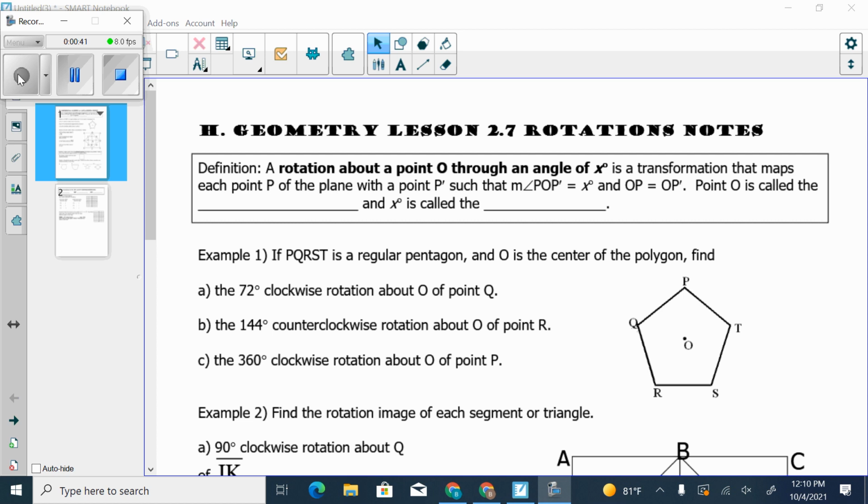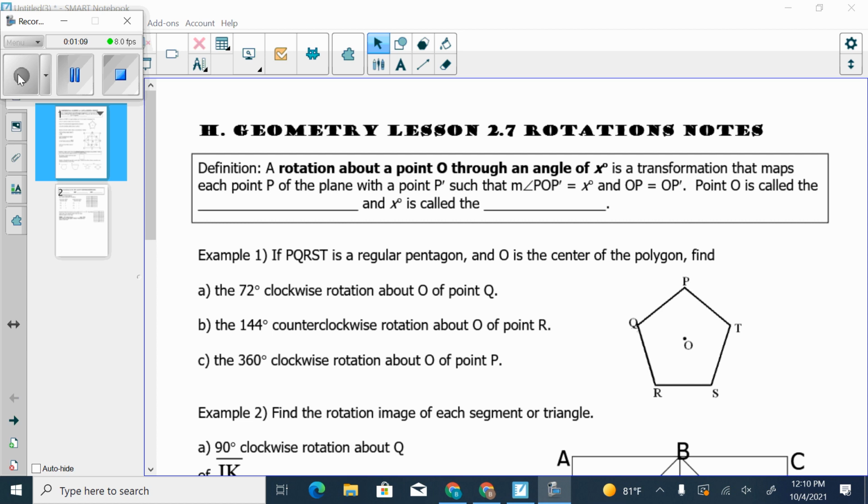Okay, such that the measure of angle POP prime, so the point we rotated around, and the old angle that those 3 points would form, should be equal to those x degrees that they're referring to up here. And your new piece should be equal to your old piece, right? We said that it doesn't change size, it just turns, okay?